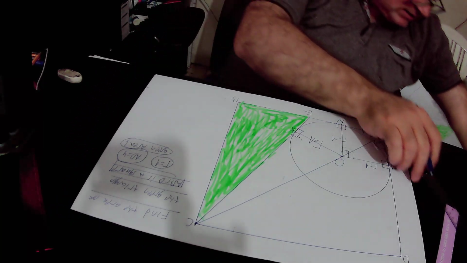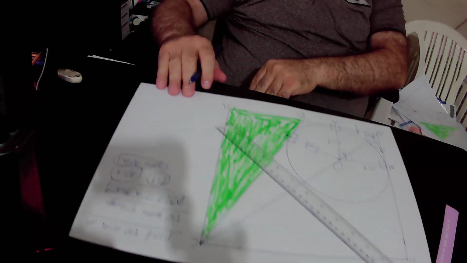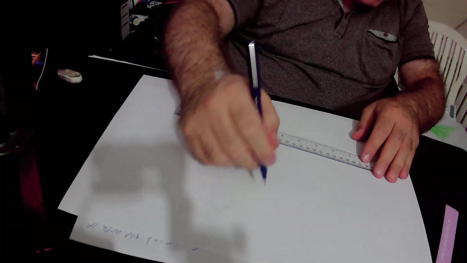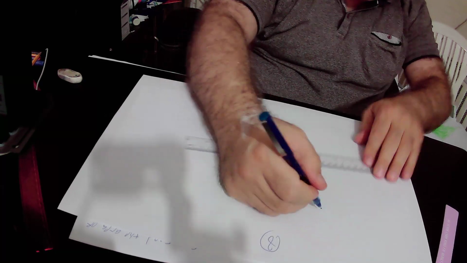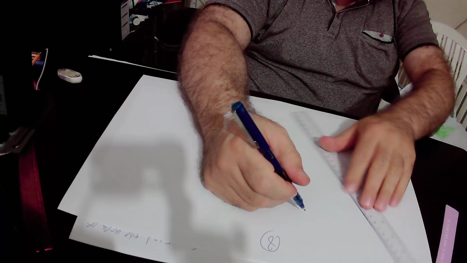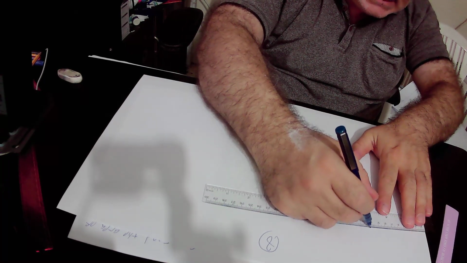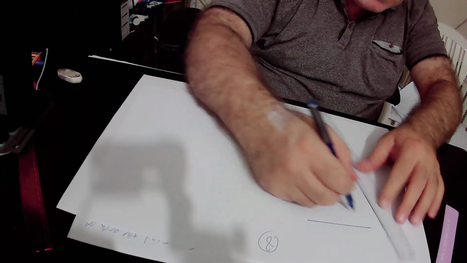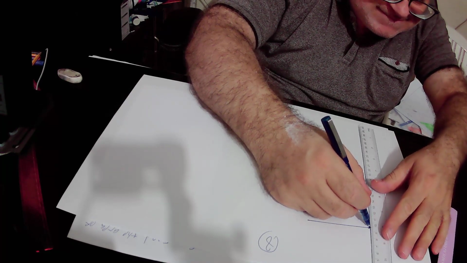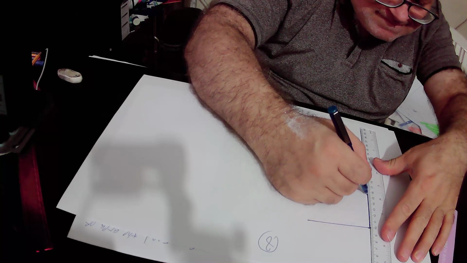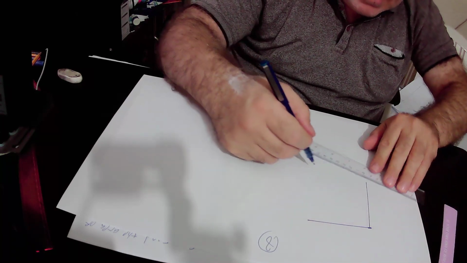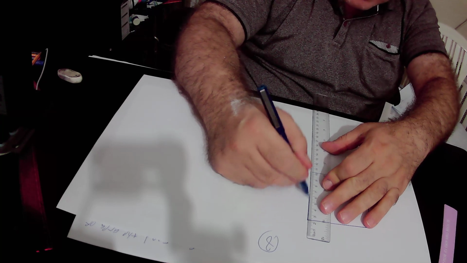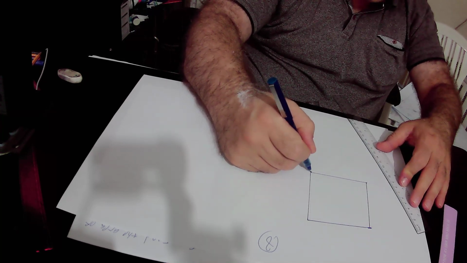The meaning of rule number 7 is that if we have square ABCD. So this is square ABCD.